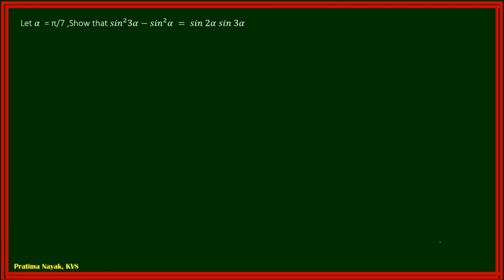So I'm writing the formula we have to use here to find the result. First is the formula from algebra: square of A minus square of B is equal to A plus B multiplied by A minus B. So when I write sine square 3 alpha, this is the same as sine 3 alpha whole square, and this is sine alpha square.